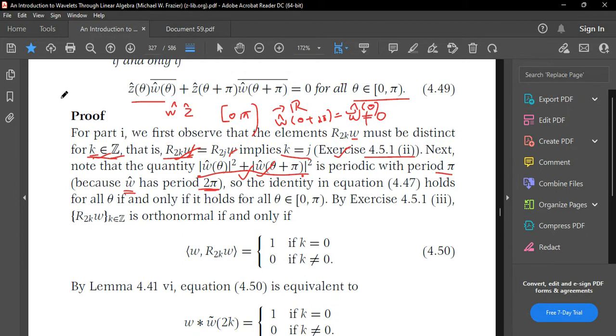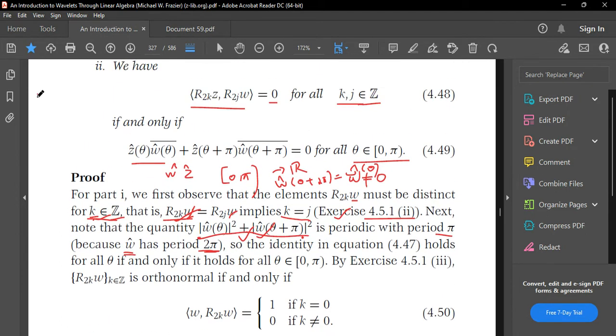What will we compute? Now we take modulus of w cap of theta plus pi, the whole square, plus modulus of w cap of theta plus pi plus pi, the whole square.